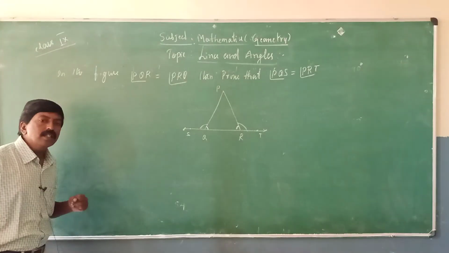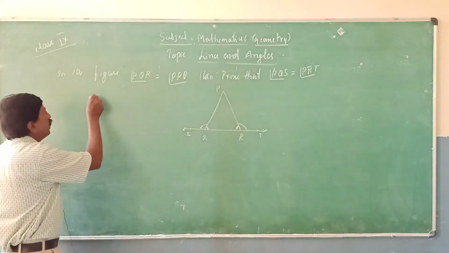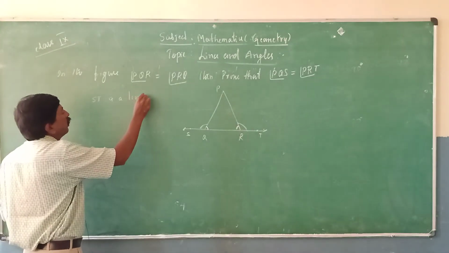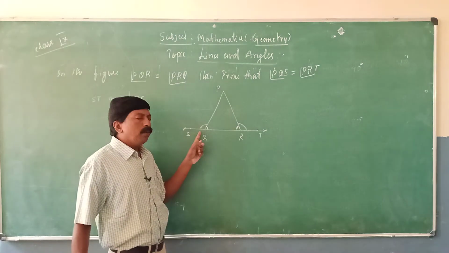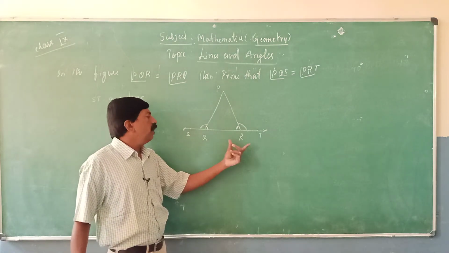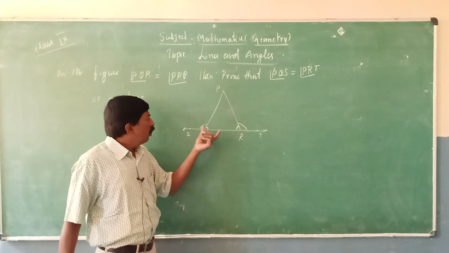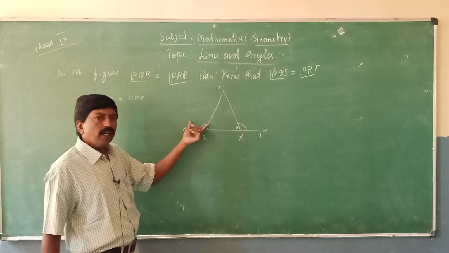How? Yes. Now ST is a line. So suppose you can imagine PQ is a ray standing on ST. What is the sum of these two angles?